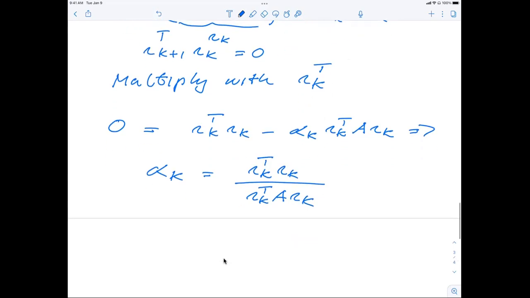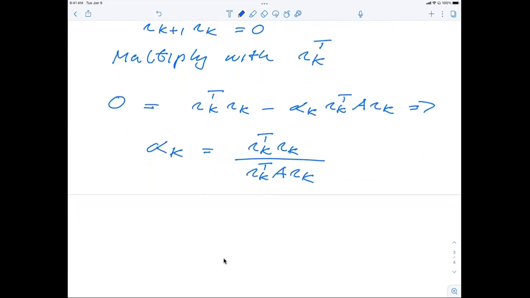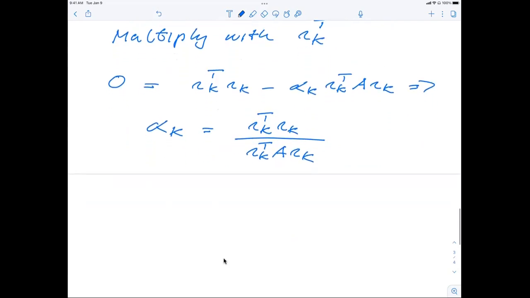So what you have now, when we go back to the expressions for x of k, if you look at that one in particular, what we had is that x of k plus 1 is equal to x of k plus this alpha of k multiplied with r of k.